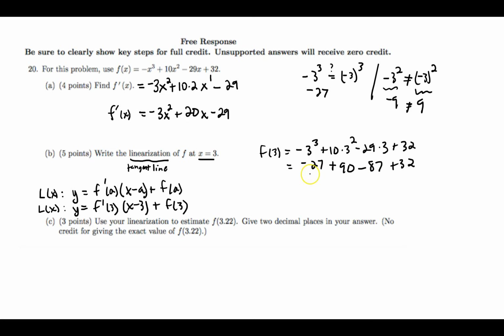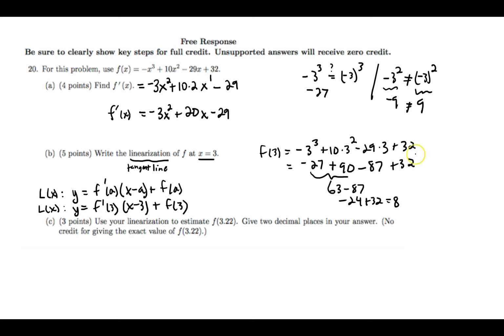Well, let's just go left to right. I'm sure there's a better way, but anyway, so that'll be 63 minus the 87 will be -24 plus the 32 is an 8. f of 3 is 8.